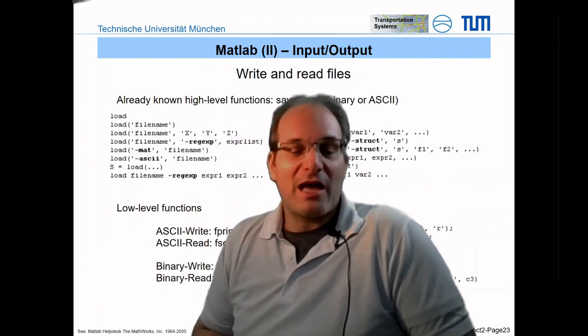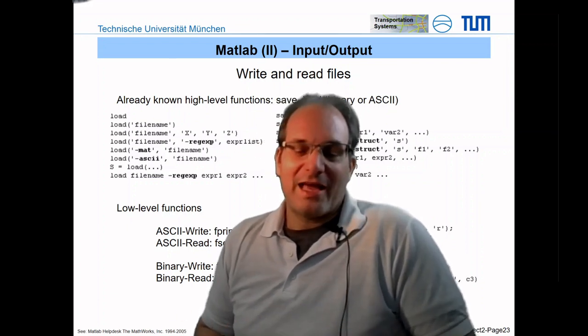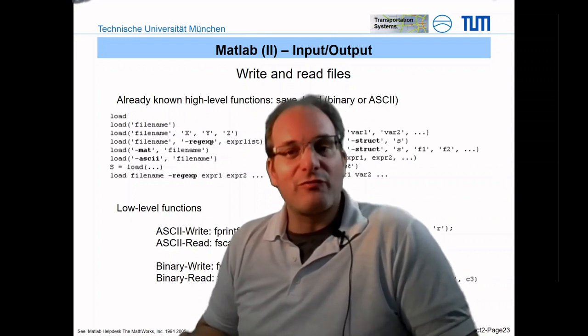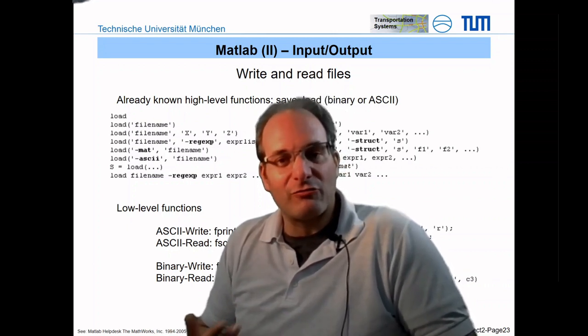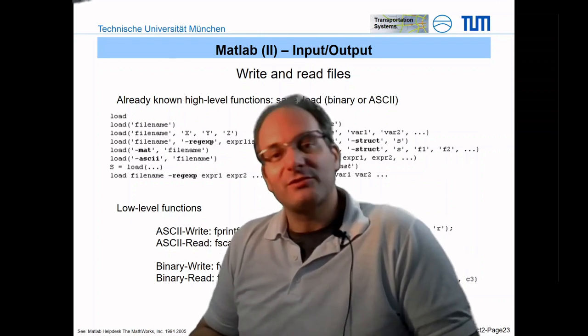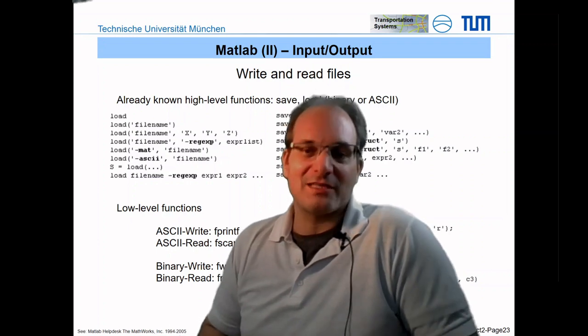If you have other formats like XML, NetCDF, Excel, whatever, then you have a format description, and this cannot be directly read with Matlab if Matlab does not support it. There are additional functions which already support reading Excel files, things like that.